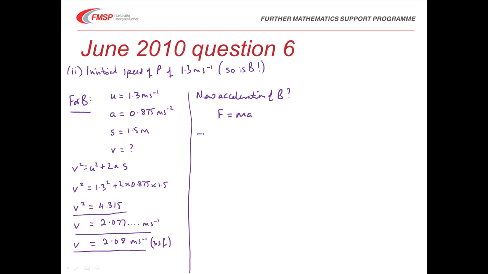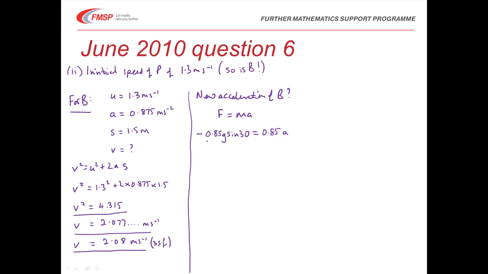There's a weight component down the plane. It's 0.85 g sine 30. And that's equal to the mass, which is 0.85, times the acceleration.